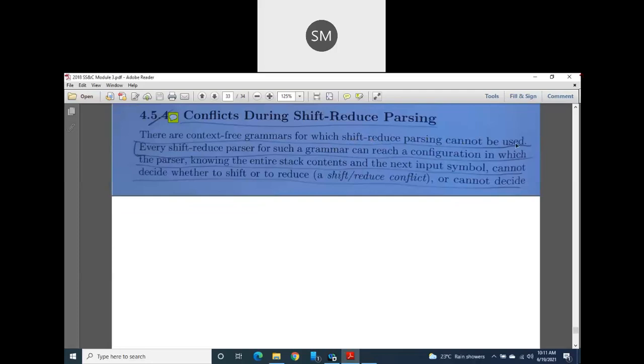Okay, so our shift reduce parser knows the entire content of our stack, and in fact it knows our next input symbol also, but still it cannot decide whether I have to perform a shift action or a reduce action.